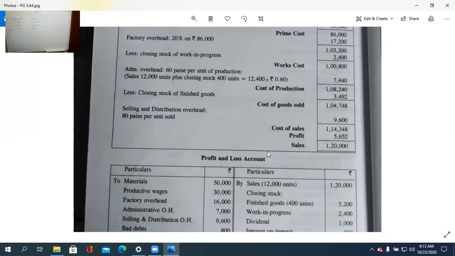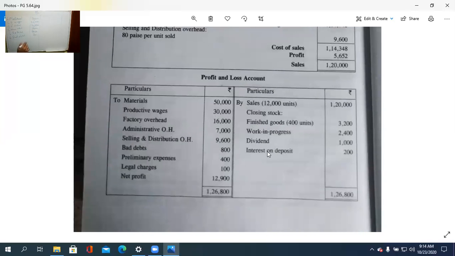Then to selling and distribution overhead, how much is it? 9,600. Then to bad debts, the question gives 800. Then to preliminary expenses 400. Then to legal charges, how much is it? 100.